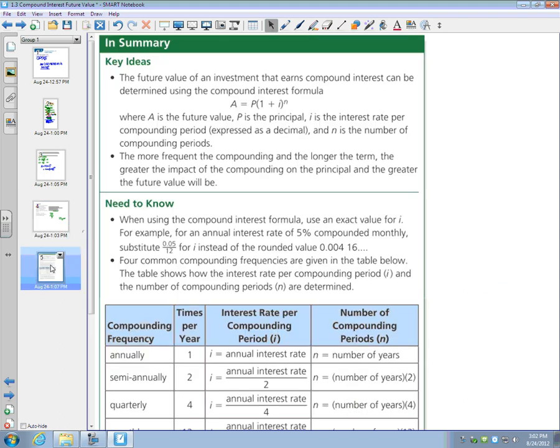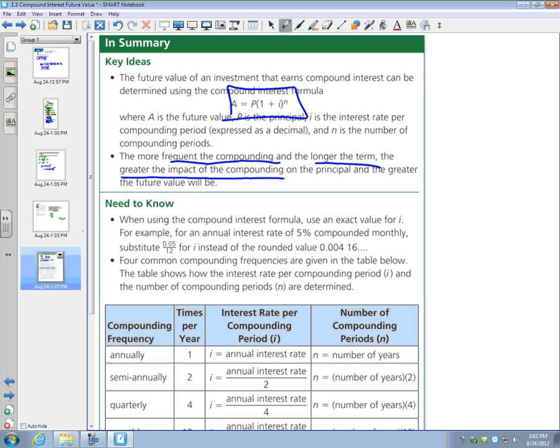Okay, just the key ideas. This is on the last page of your chapter in your textbook, really good to look at. Again, we go through that formula that we've been using. Here's something interesting. The more frequent the compounding and the longer the term, the greater the impact of the compounding on the principal and the greater the future value.